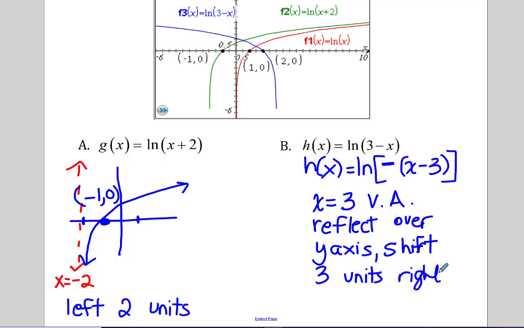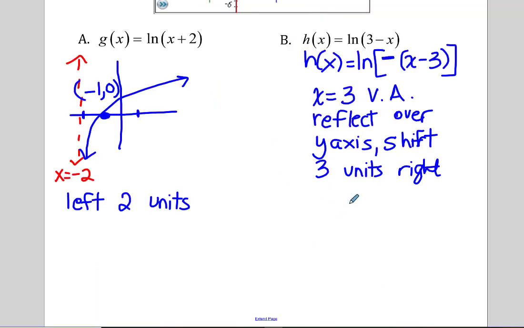And let's take a look on our calculator. So the point (1, 0) was moved 1, 2, 3 units to the right, and the parent graph was reflected over the y-axis so that it's going off in the other direction.